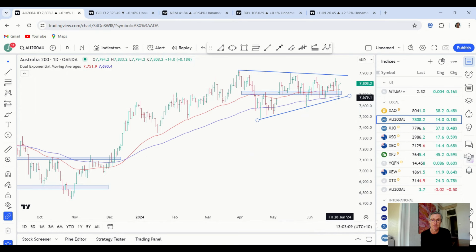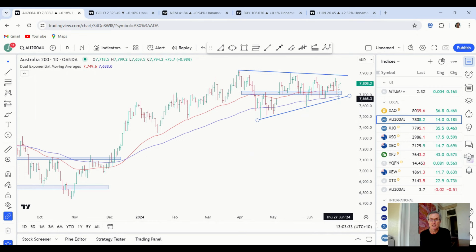So as I typically do, I've got the 50 and the 100-day moving averages. I think they're useful averages when you're looking for medium-term trends, trying to look for the overall direction of a market. They take a lot of the noise out and they can be quite good for looking at those medium-term perspectives. So nice rally off the 100-day moving average as well.